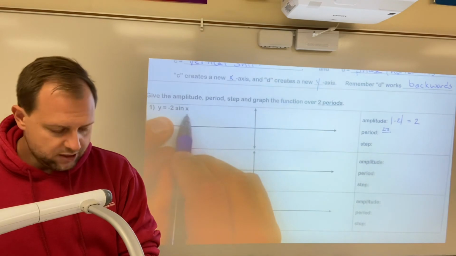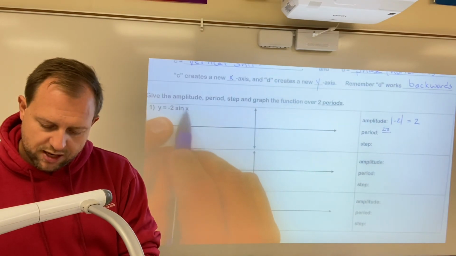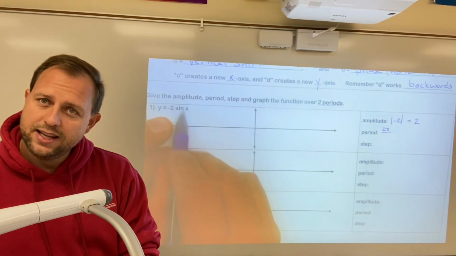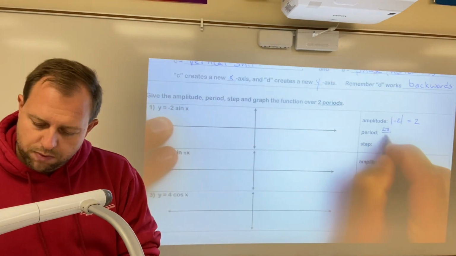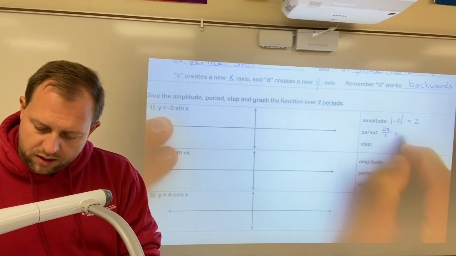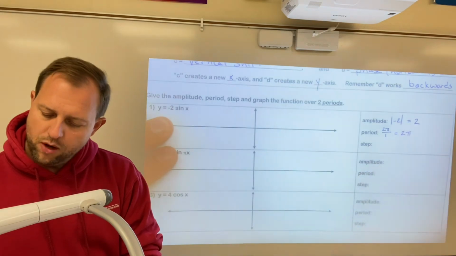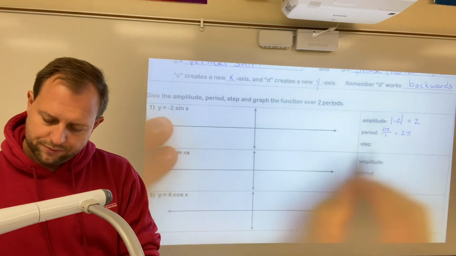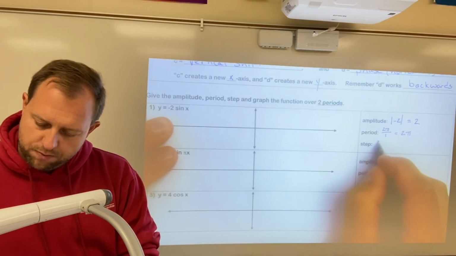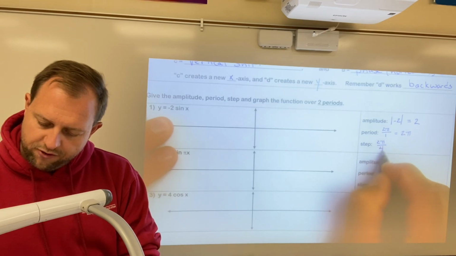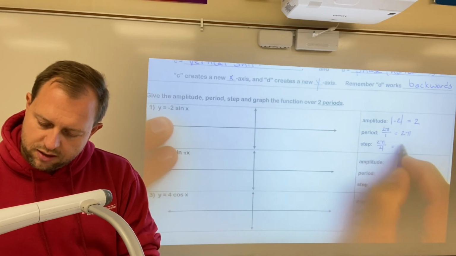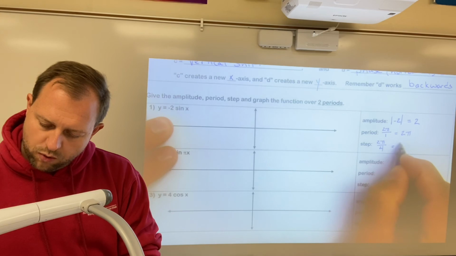In this case, there is no b, nothing in front of the x, so that's 2 pi over 1, which is just 2 pi. The step is that 2 pi divided by 4, and we reduce our fractions. 2/4 reduces to 1/2, or pi over 2.